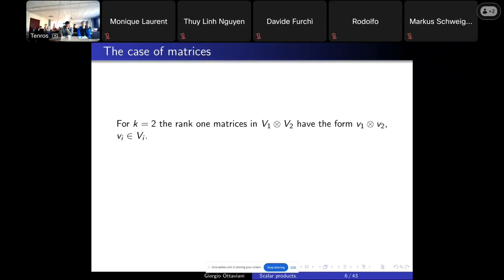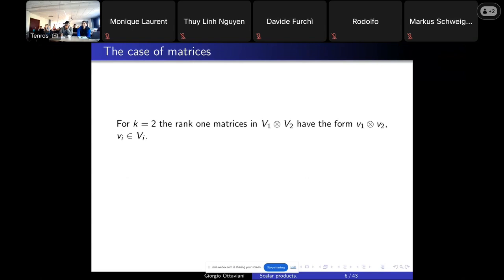Okay, this is still boring, but it's useful to understand. It is the first non-trivial case. What happens for tensors with only 2 factors? You know, there is a joke that God created the matrices and the devil created the tensors.